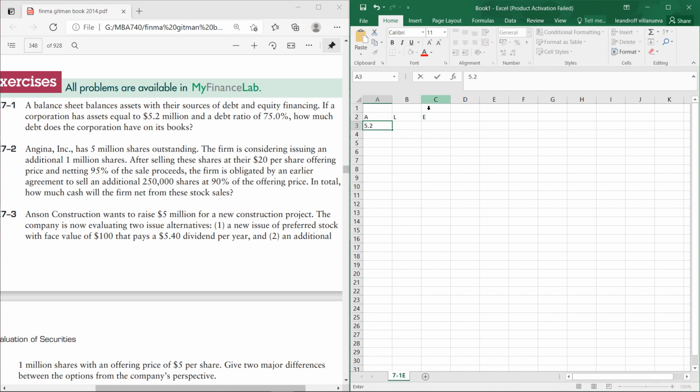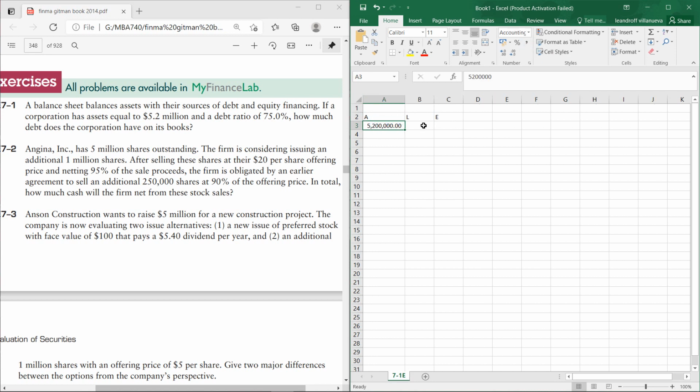If it is 5.2 million, then all we need to do is just multiply your 75%. Because if the debt ratio is 75%, then it means your equity is 25%, because this would equal your 100%.